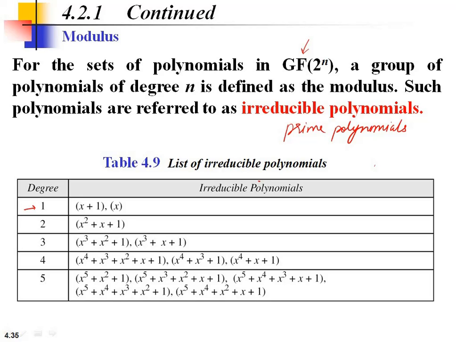For 3, 4 and 5 and so on, we can define a irreducible polynomial corresponding to each degree, and this polynomial will help us to keep the operations of multiplication whenever we are multiplying two polynomials together. So by using these irreducible polynomials or the modulus, we can again bring the results within that GF to the power n itself.